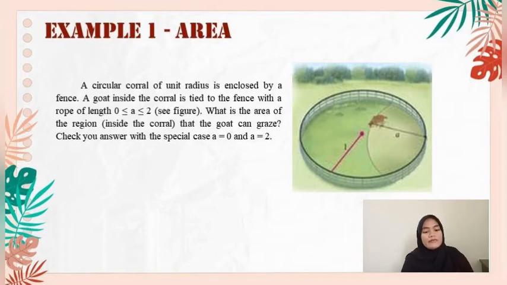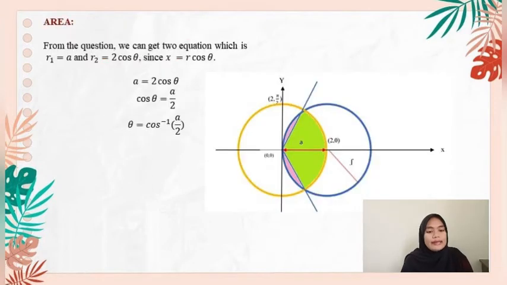We can see from the figure that we need to determine the area of the region that the goat can graze. They are given that the radius of the circle is 2. So from the equation, we can get two equations, which is r1 equal to a and r2 equal to 2 cos theta.